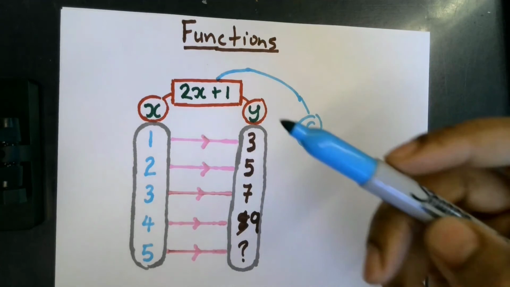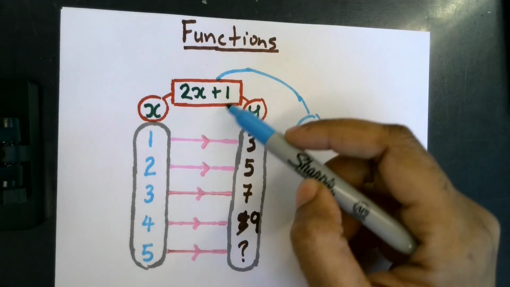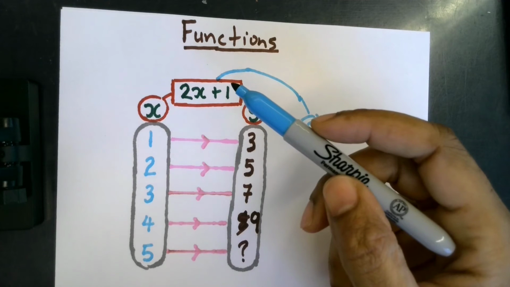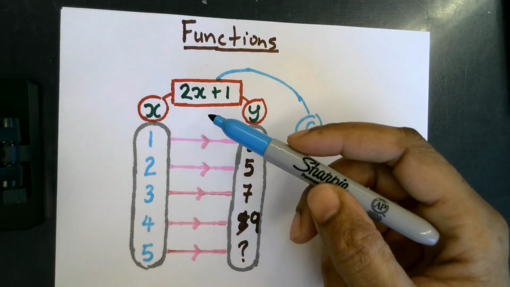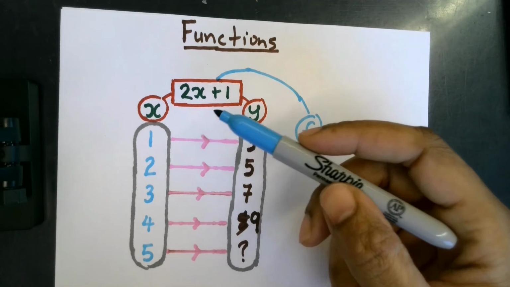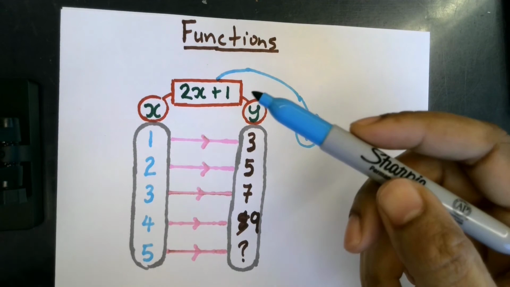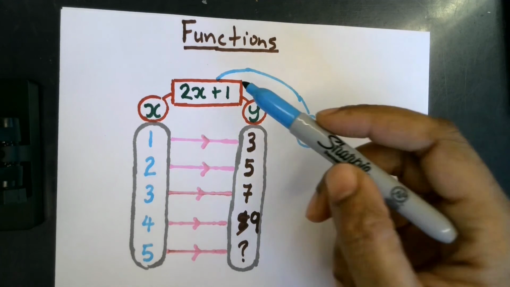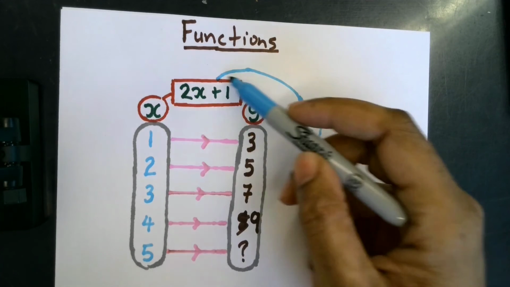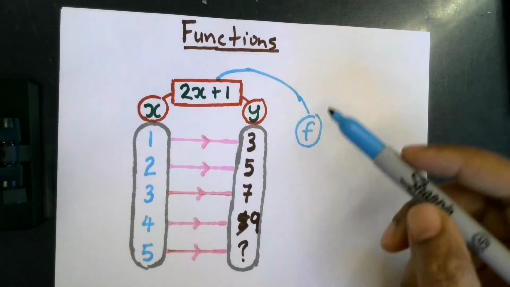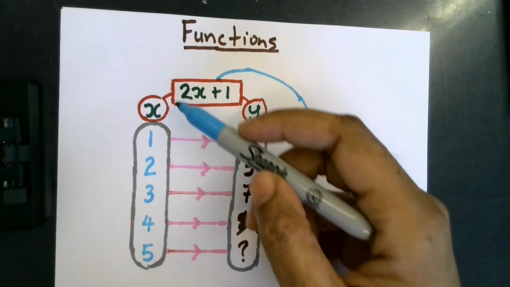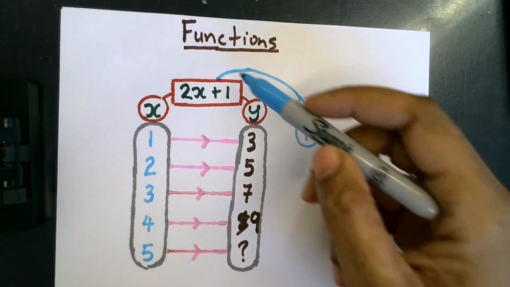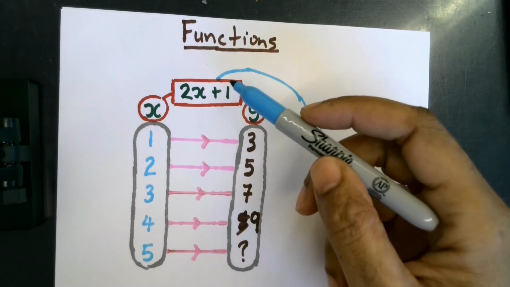I could call this formula beautiful. I could give it the name beautiful. All right. But if I chose to use a letter to name this formula, I could choose the letter F. All right. So I chose to call the name of this formula F.